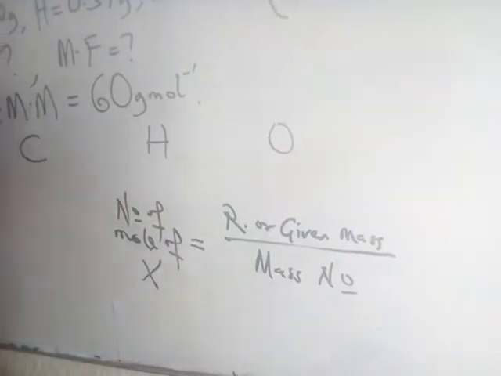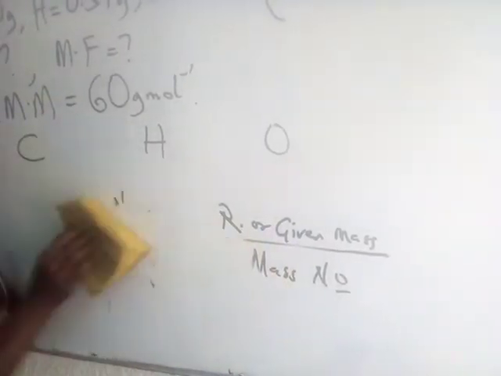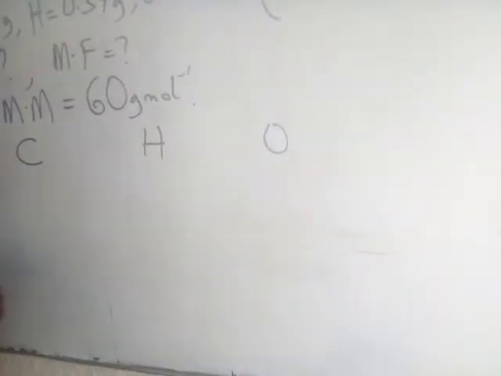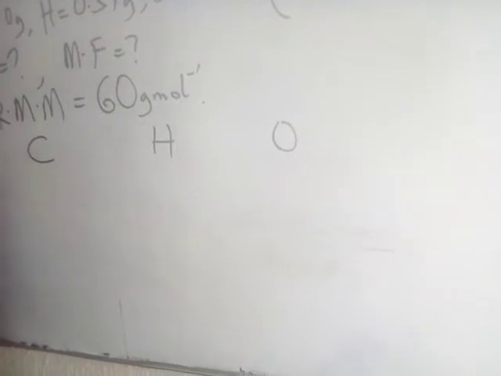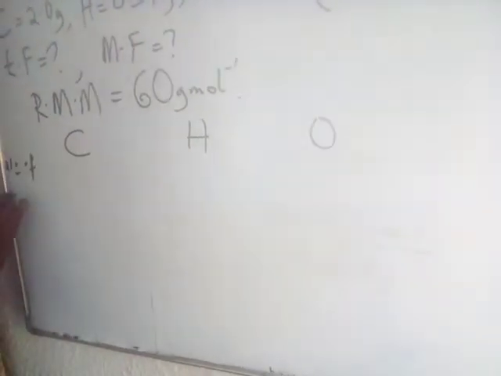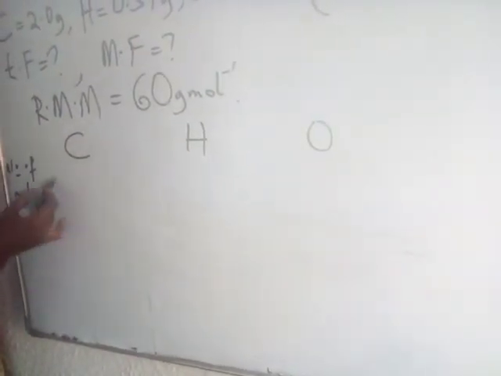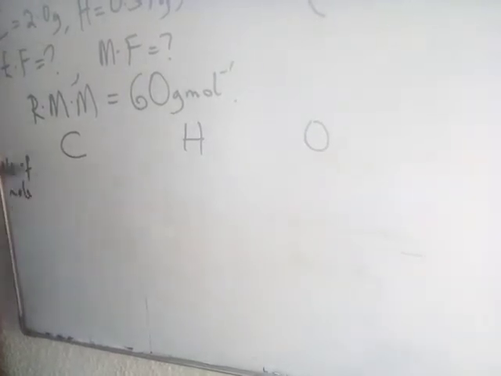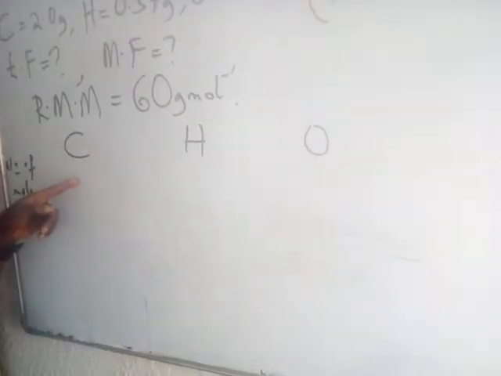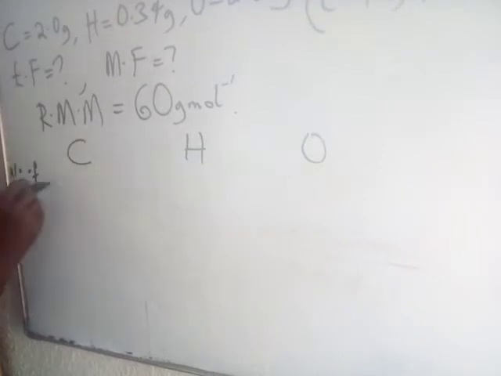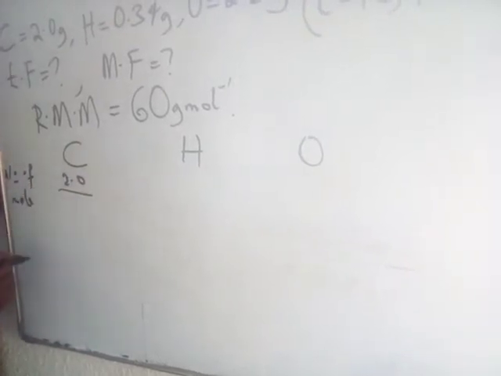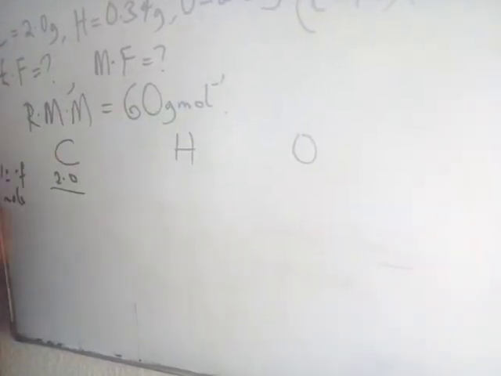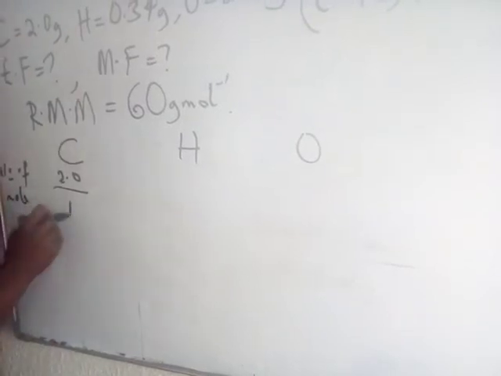So when we say we want to find the moles of these, what are we trying to do? The number of moles will be the relative mass, that is the given mass of carbon, 2.0, divided by the mass number of carbon, 12.